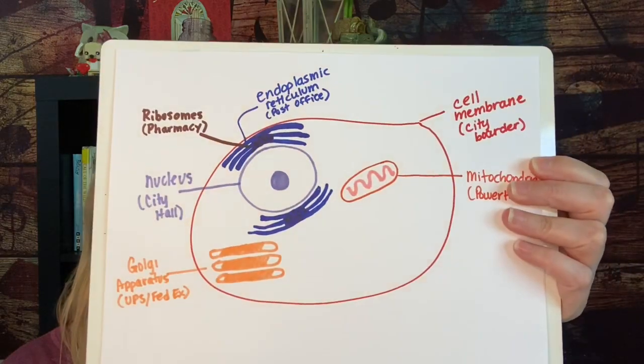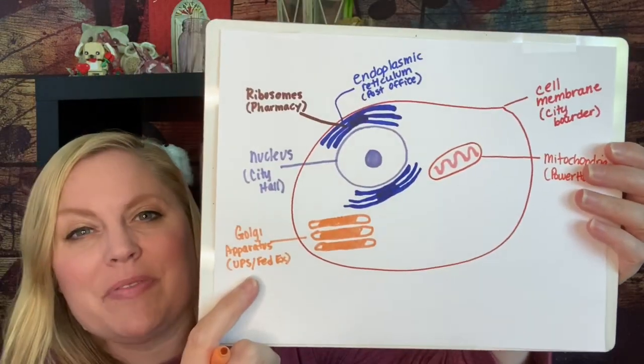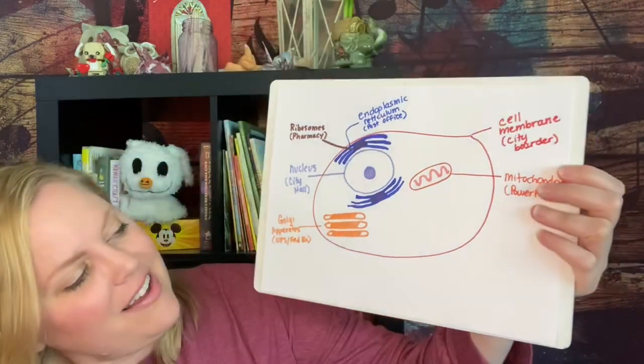Okay, so it's a delivery system, the Golgi apparatus. Let's draw that next. Okay, so we have our Golgi apparatus, our FedEx or UPS drivers moving those proteins out of the cell.